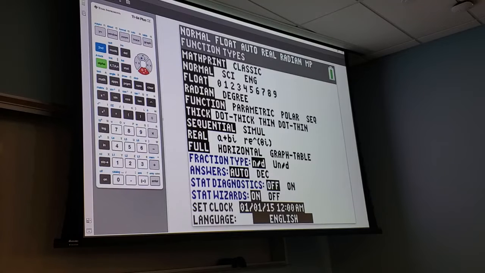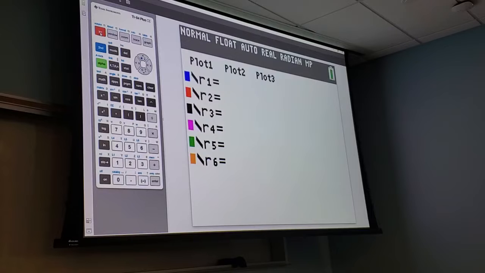Polar. All right, sweet. Let's go to polar, enter. Now when I hit Y equals, it's actually going to say R equals. Now let's try something. Do sine. Now watch this. When I hit my all-purpose variable button, it's now theta. Of course it's theta, because now we're in polar coordinates, right?